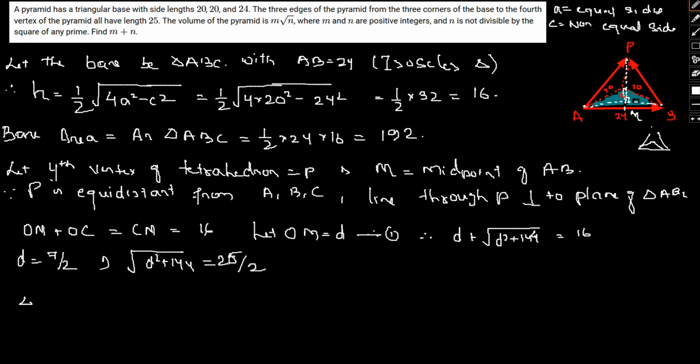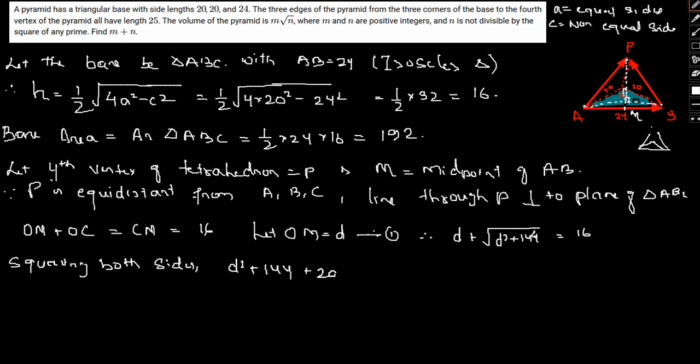Let me show you the solution of the same, as there might be some difficulties while you try to solve this. So squaring both sides, we'll have d square plus 144 plus 2d root under d square plus 144 plus d square equal to 16 square, 256.